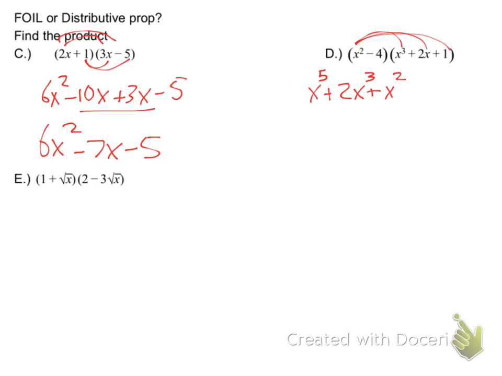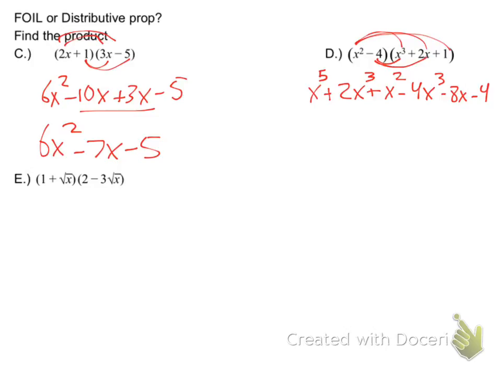And now you have to do the same thing with the negative 4. That's why we call it distributing, because you distributed the x squared, now you're going to go back and distribute the negative 4. I'm going to leave you guys to finish up the gathering of like terms. So minus 8x and minus 4. So gather up like terms on that one.